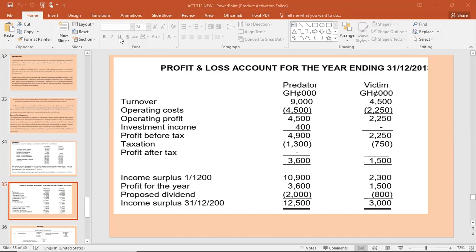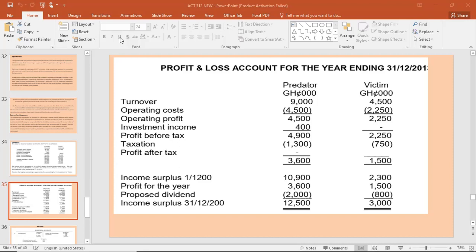Then from here, you add the profit for the year. And the profit for the year, you have calculated it as 3,950. So you add it to the opening balance, the 10,8 something you had.